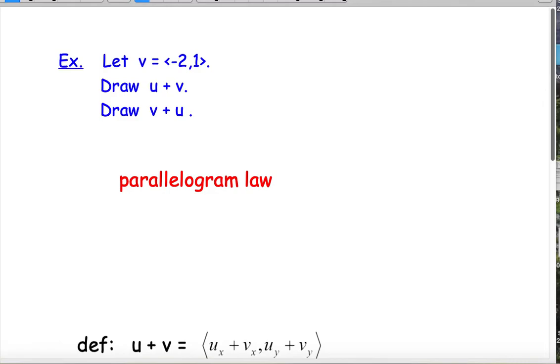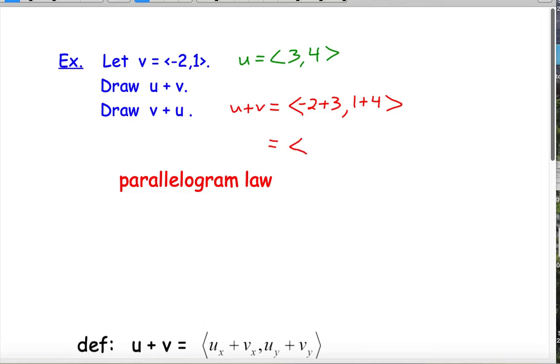Let me do it in a different color. Let's go green. The coordinates for the vector u were 3, 4, the components. So when I ask what's u plus v, all I have to do is add 3 plus -2, and 4 plus 1.